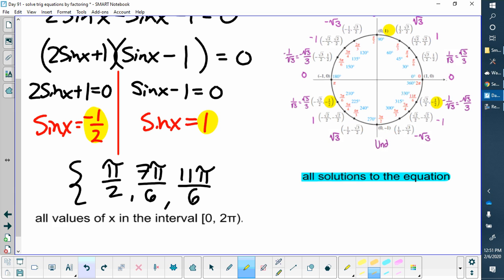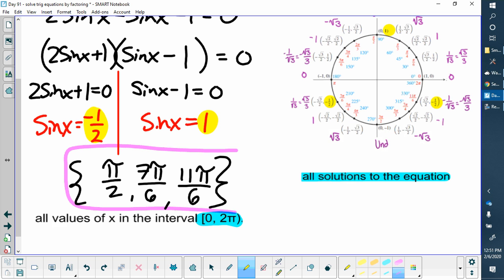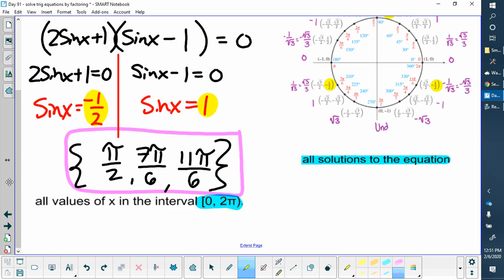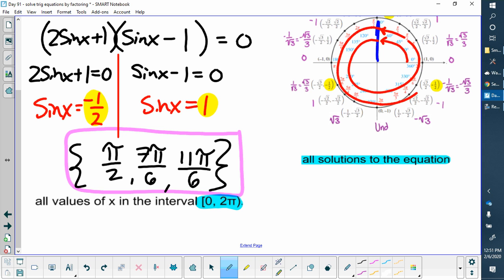If I'm only making 1 lap around the unit circle, like it says right here, this would be my final answer. If I am continually going around the unit circle, there are other ways to get to this. I could do 90 degrees or pi over 2, or I could do one full circle and get to the same spot, or two full circles and get to the same spot like I did last time.